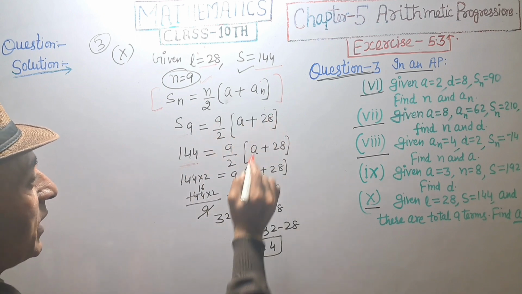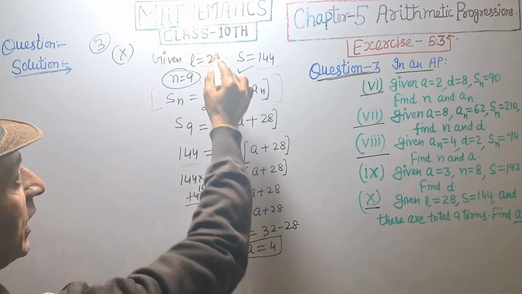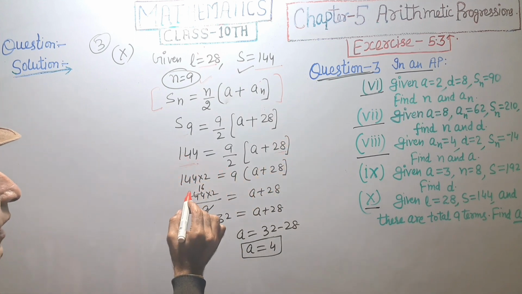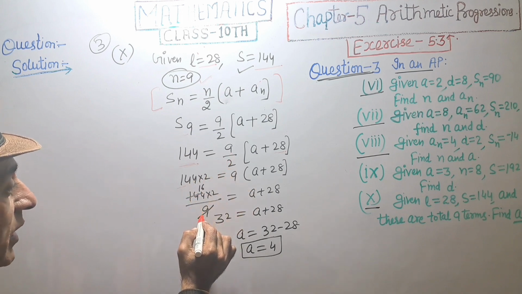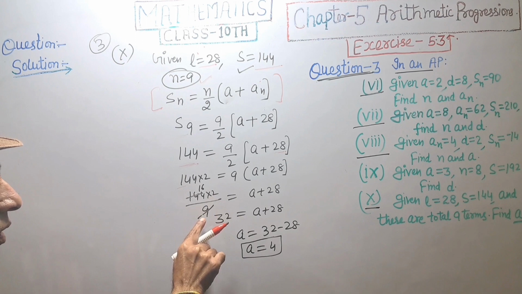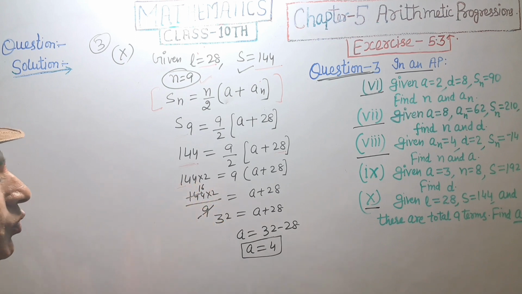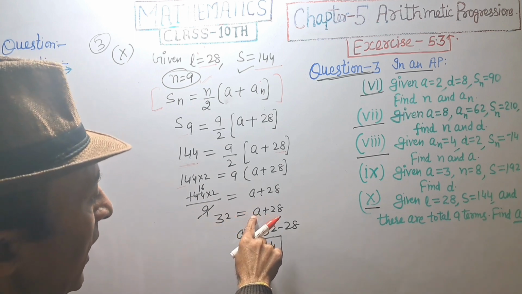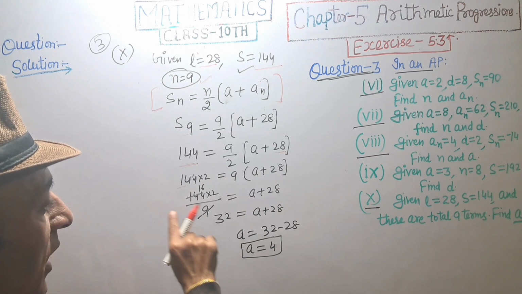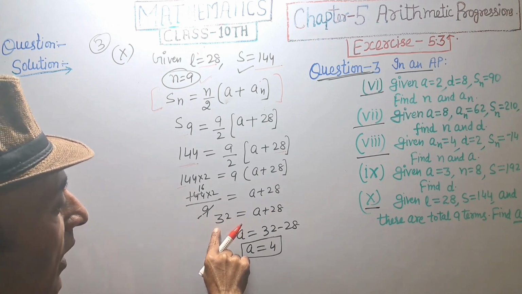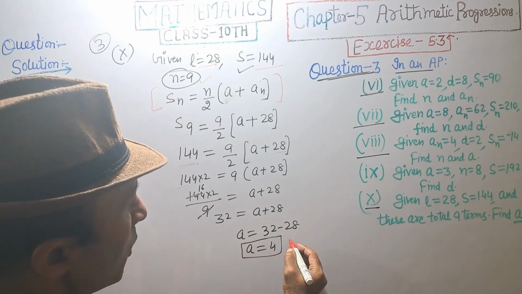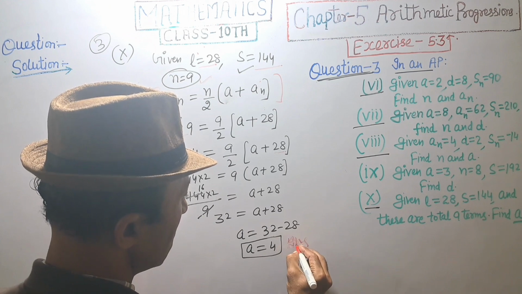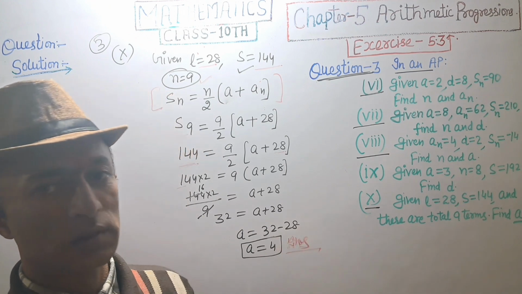N by 2, a plus an, here an is 28. Multiplying by 2 and dividing by 9, 144 divided by 9 is 16, and 16 2s are 32. And we want to find a. Shift 28 to the left side, that is 32 minus 28. A is equal to 4. Answer. Thank you so much.